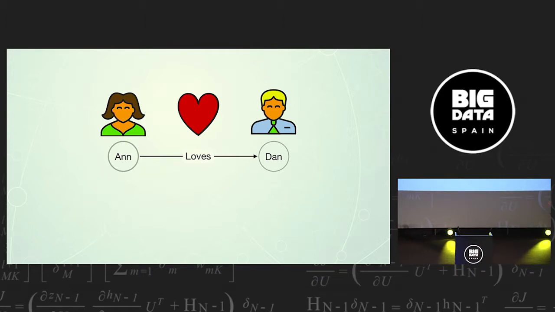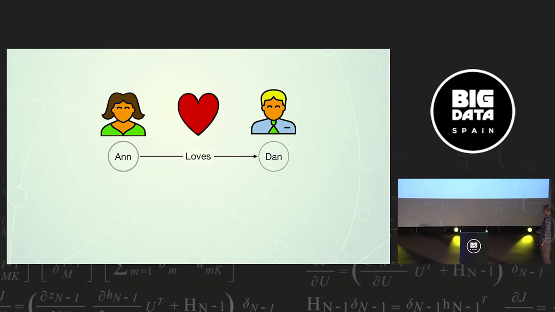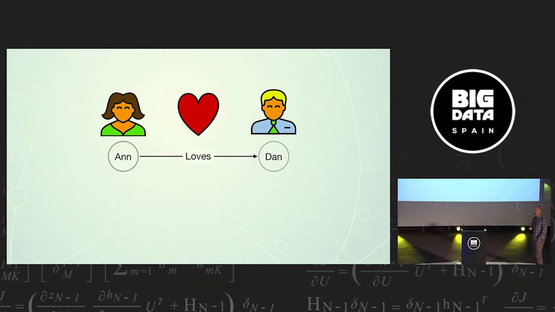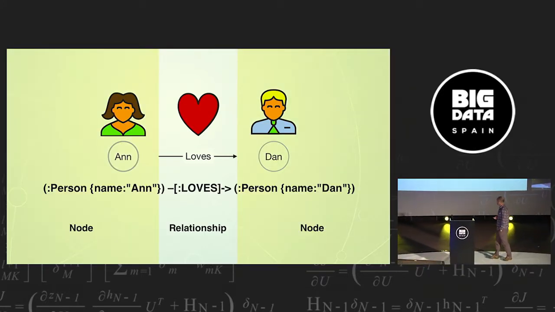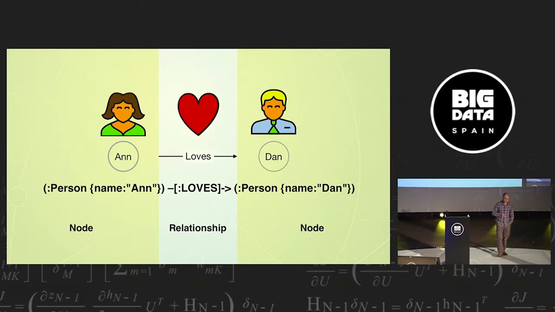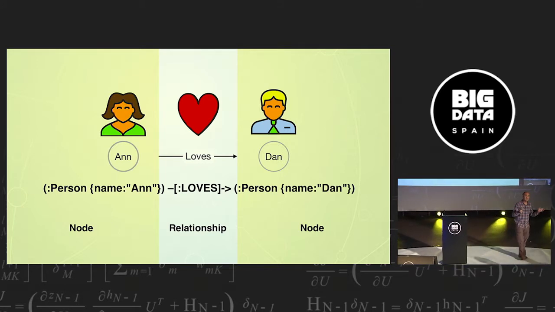In this case, I have a very romantic view of the world. Anne loves Dan. Sadly, that does not imply the reverse. That's very sad, isn't it? But if we wanted to store and capture that in Neo4j, we could create a piece of query language syntax.